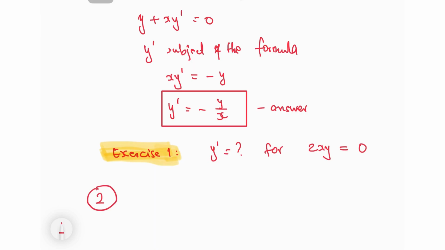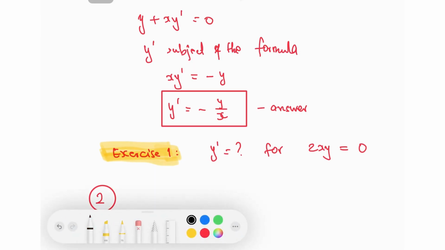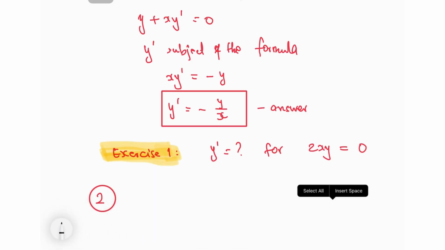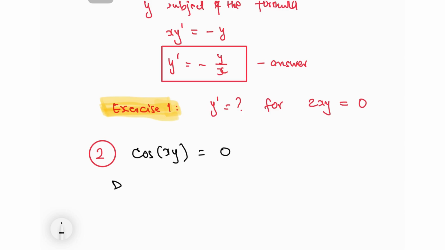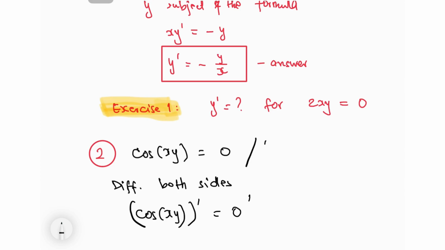Okay, example number 2. Let's say cosine xy equals 0. Again, differentiate both sides. So cosine xy prime equals 0 prime.